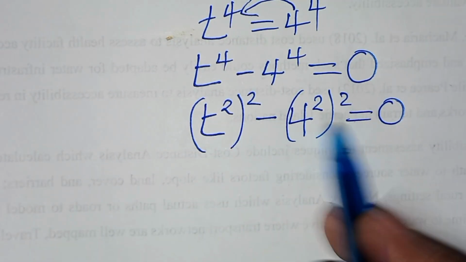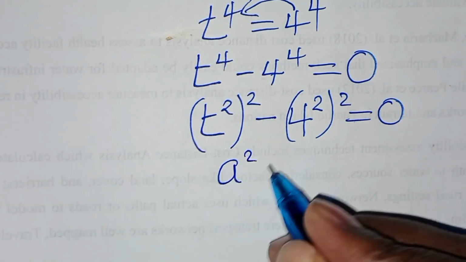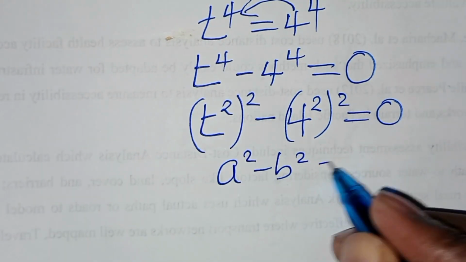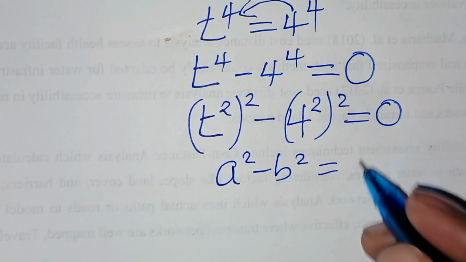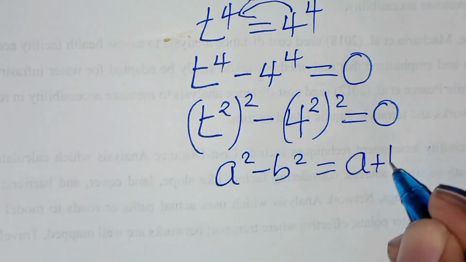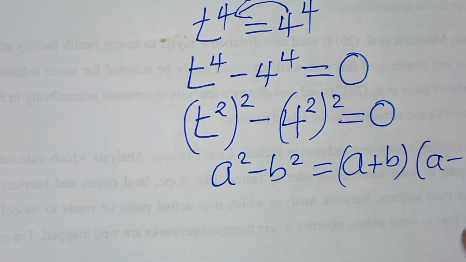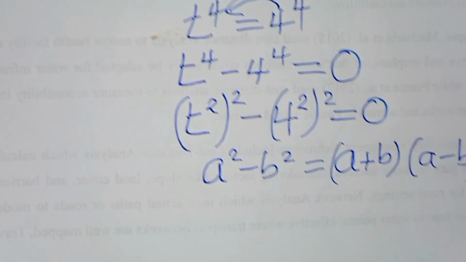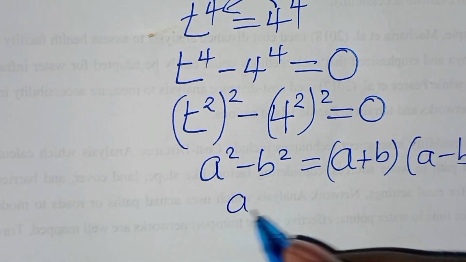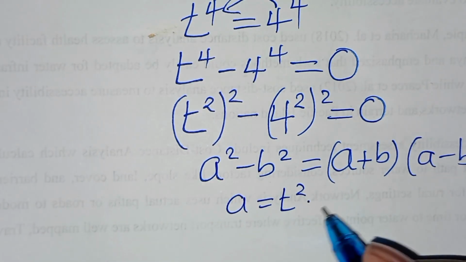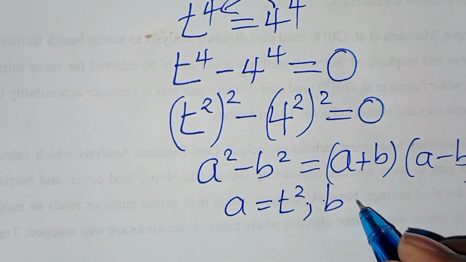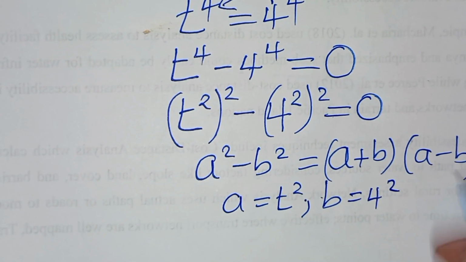Now this equation actually is in the form of a squared minus b squared, which is the difference of two squares, which you can express as a plus b, a minus b. Now from this equation, a is equal to t to power 2 and b in this case is equal to 4 to power 2.